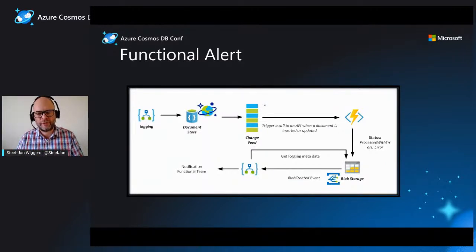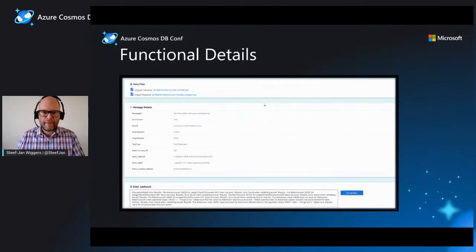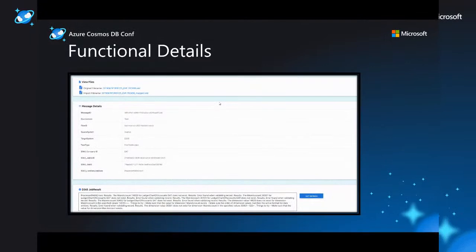So, leveraging Event Grid, getting all the metadata out and pushing that notification to the functional team. This led to the functional team getting a URL as well, directing them straight away to what went wrong in the processing of the recurring job and providing some details, as you can see here.